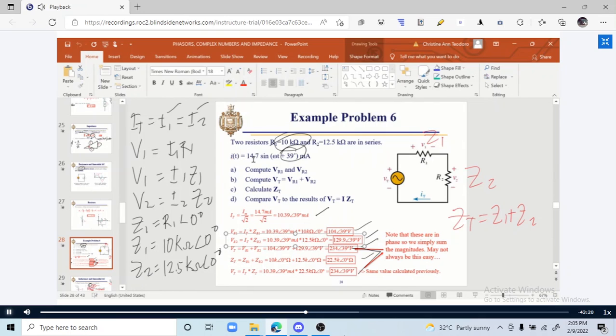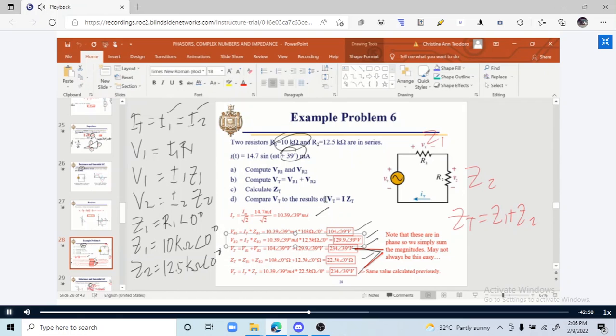In order for us to do that, we need to convert our IM to IRMS by dividing it by square root of 2. So that is 14.7 divided by square root of 2, which gives us 10.39. The phase angle or phase offset is 39 as you can see on the given. So that would be 10.39 angle 39 degrees milliamps.